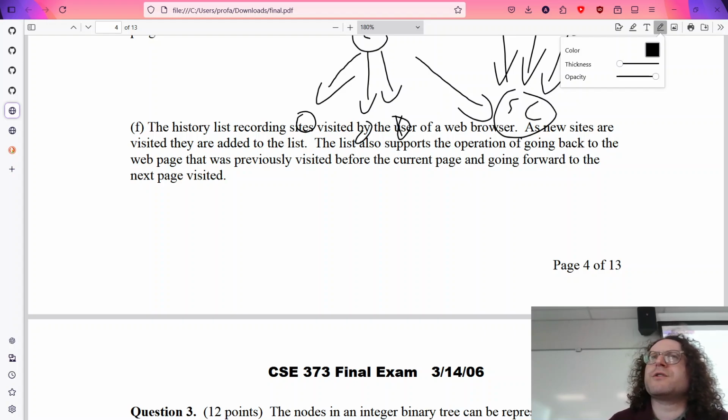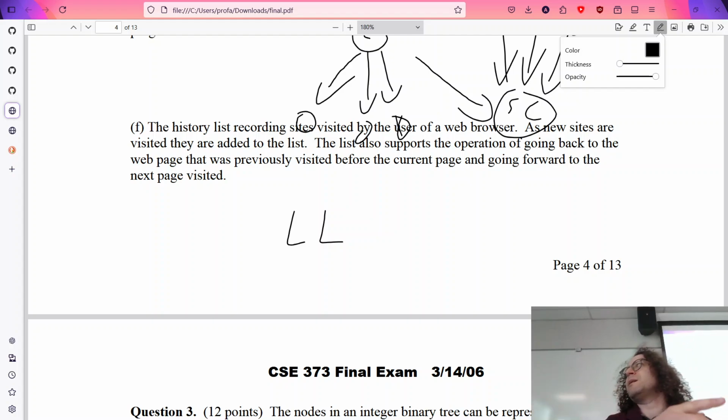So there's a couple different ways we could do this. We could do this as a linked list to implement both the back and forward button, and you're simply moving your position in the list. You add on to the end and move current forward every time you visit a new site.